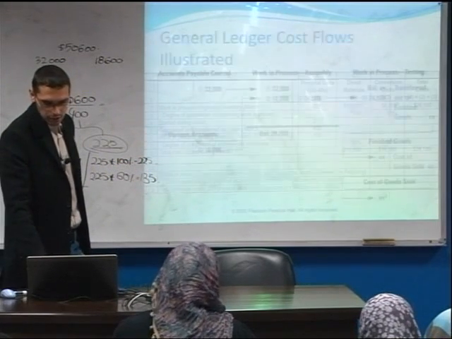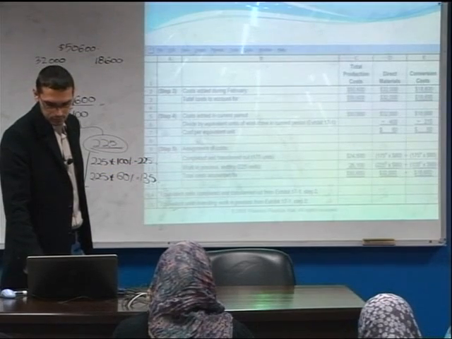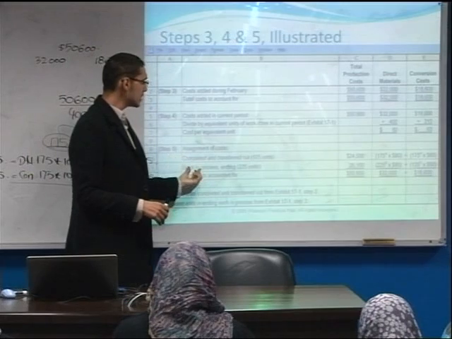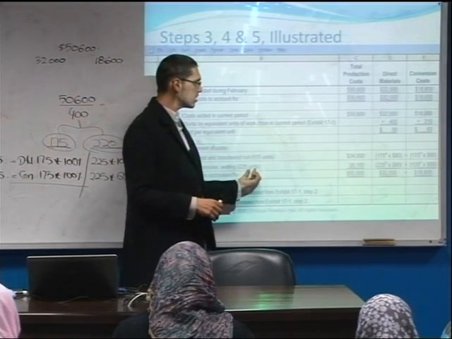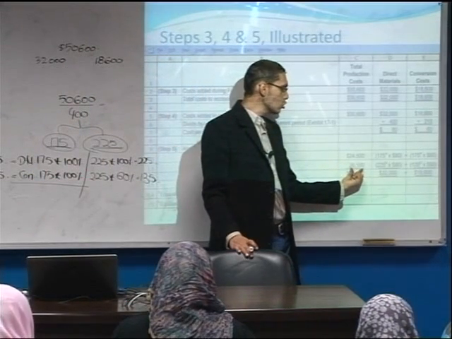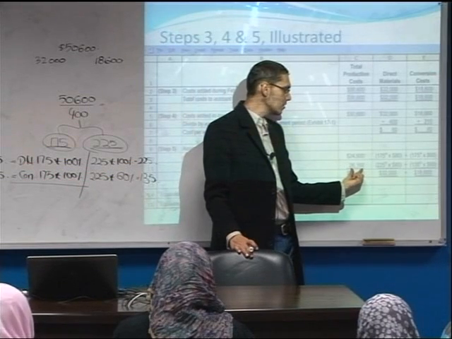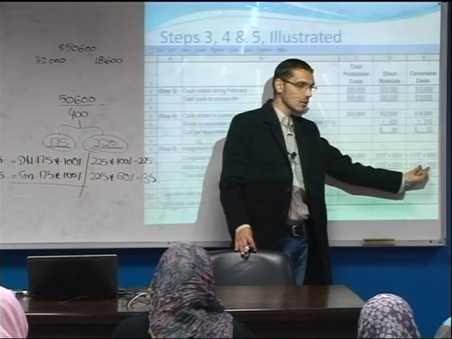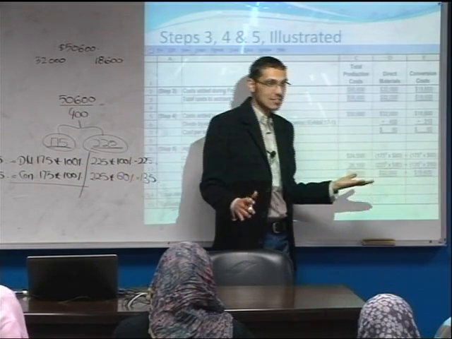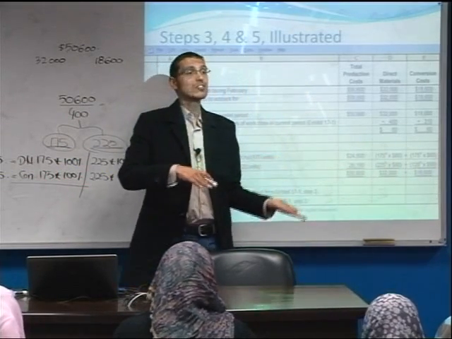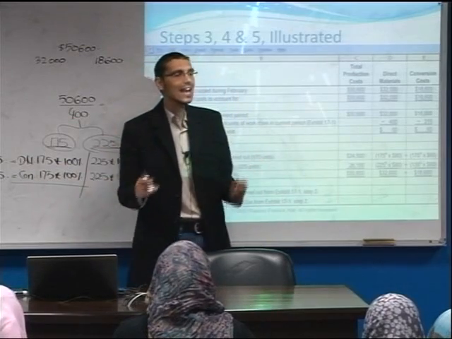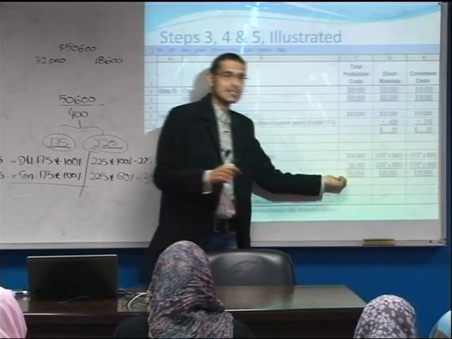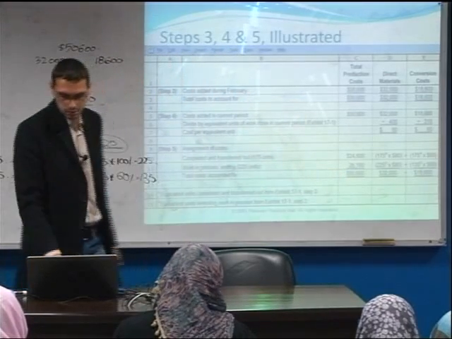As we can see here, in step number 5, we said that the 225 units had a total cost of 26,100, which is 18,000 and 8,100. The amounts that are going to be used in case number 3 came directly from case number 2 as the ending work in process.